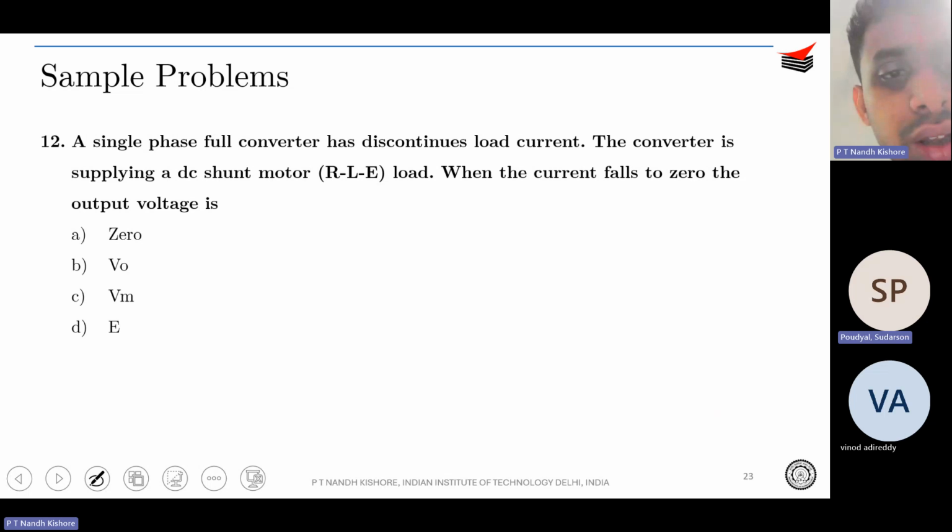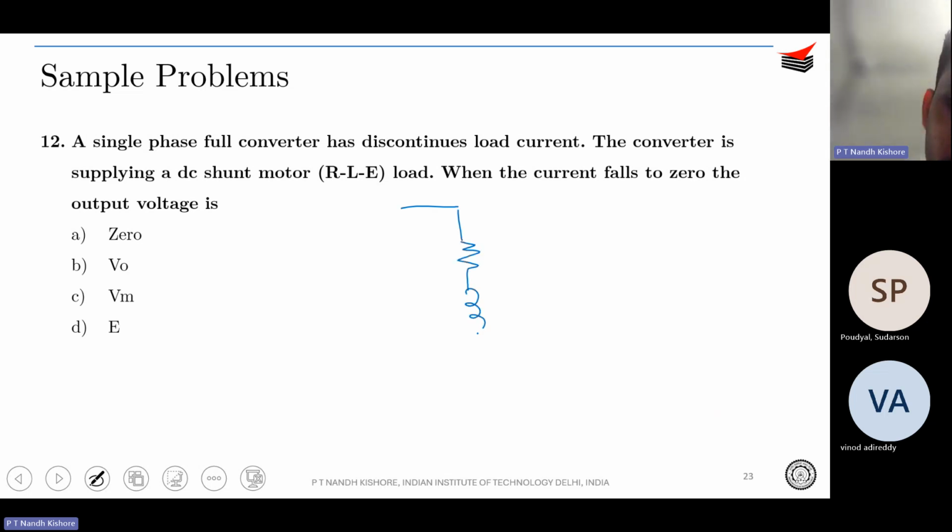Okay. A single phase full converter has discontinuous load current. The converter is supplying a DC shunt motor. Shunt motor is an RLE load, obviously. So when the current falls to zero, the output voltage is what? So you have a single phase full converter, which I'm again not drawing.